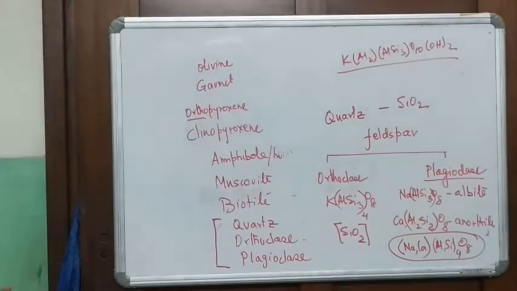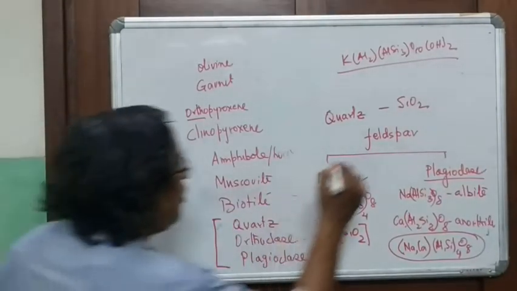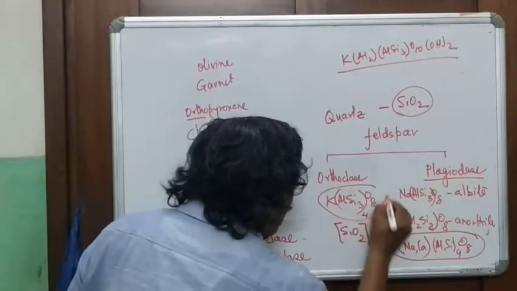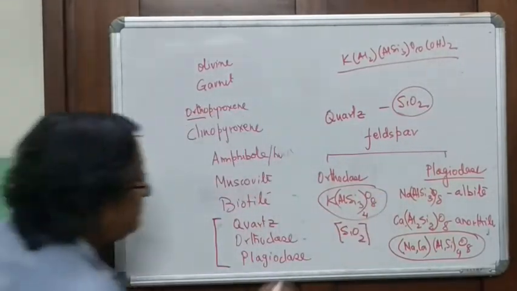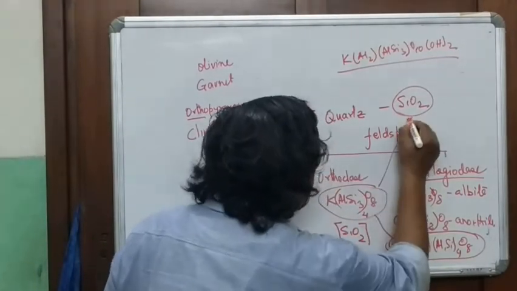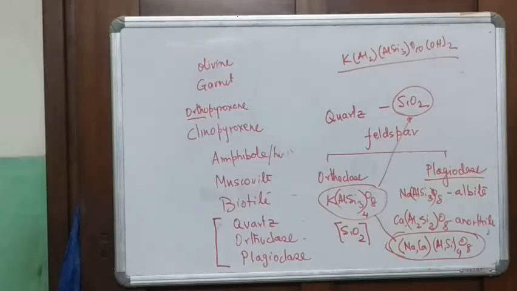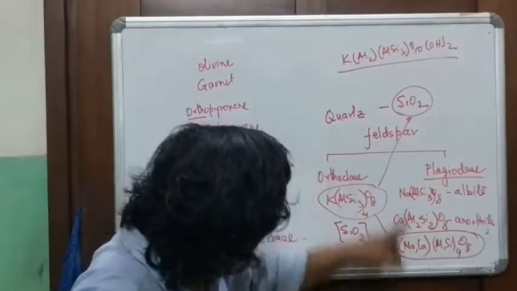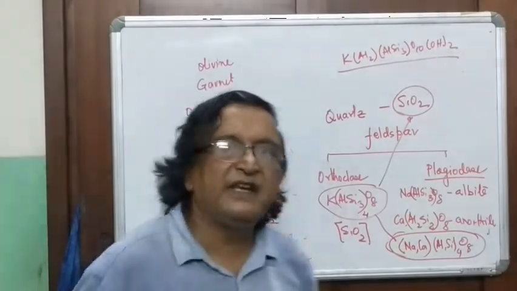So essentially, quartz has a formula of SiO2, orthoclase has a formula of KAlSi3O8, and plagioclase has this formula. If you take these three formulas, then your crust is dominated by aluminium, silicon, and sodium, potassium, and calcium.